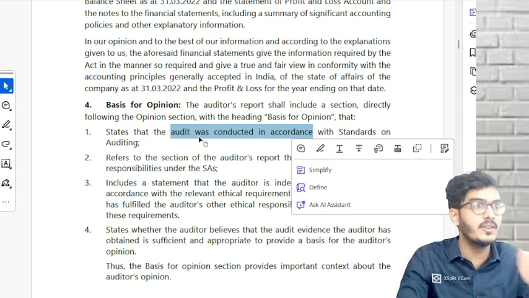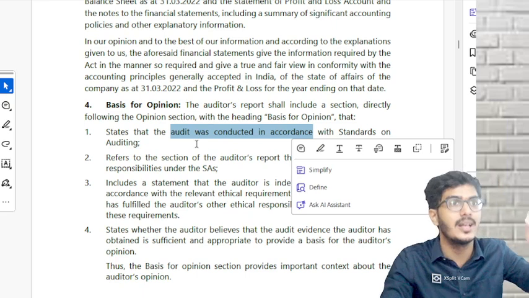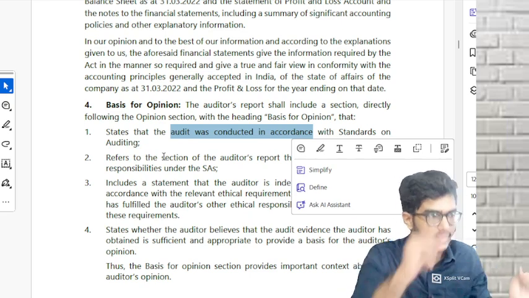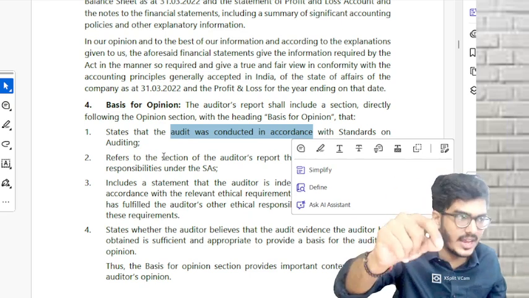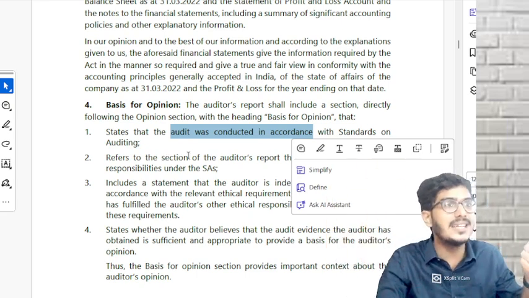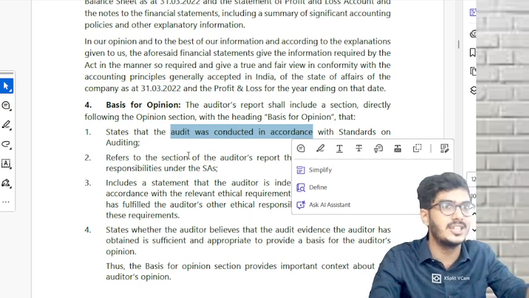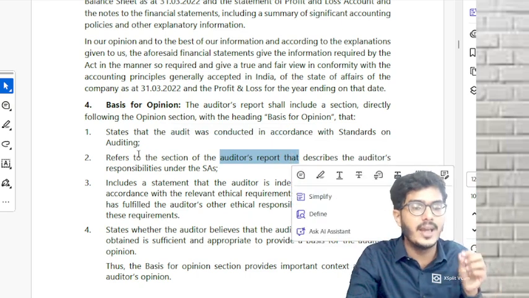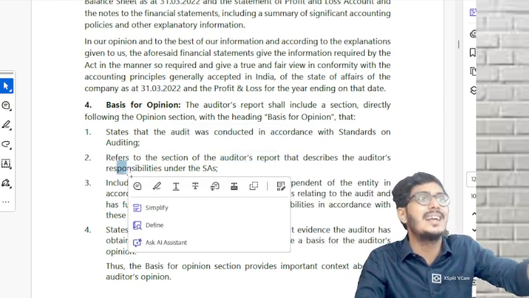So whenever you're giving an unmodified opinion, please state that you have conducted the audit as per the standards on auditing. We have audited the financial statements of this company by following the standards on auditing. Second one, please refer to the section. Section, again I told you, section, heading, paragraph, all the same. Please just give a reference in the auditor's report where the auditor's responsibilities have been described.